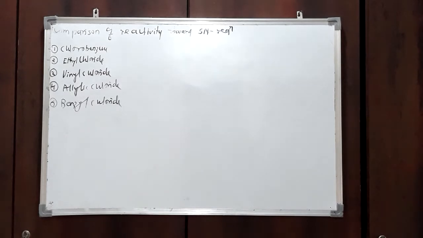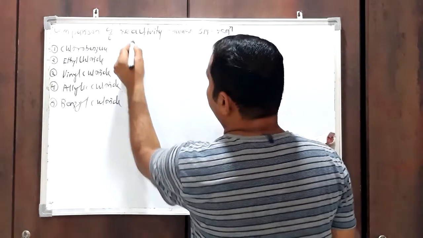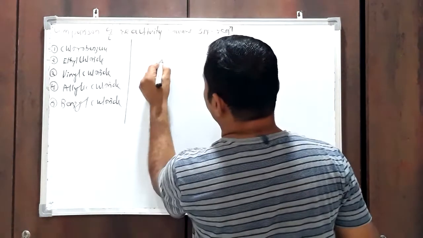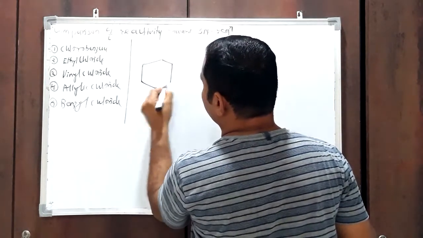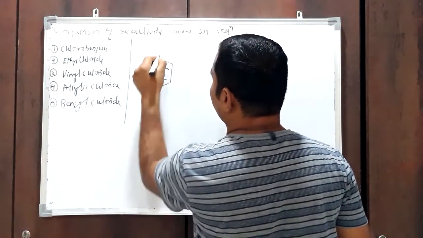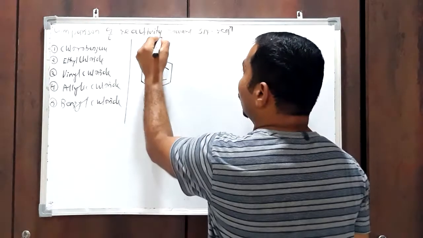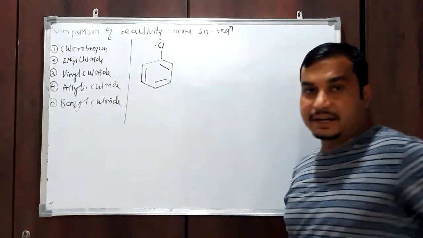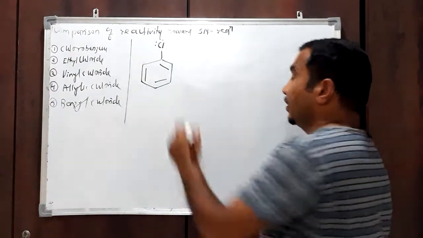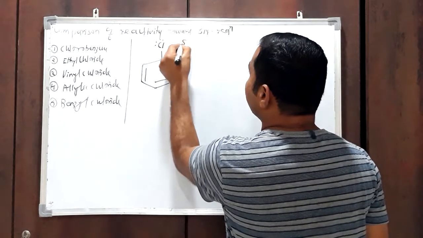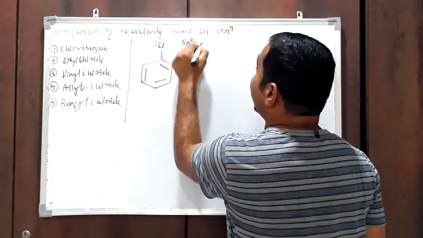Now this is your last part of this unit. So first try to understand the reactivity of chlorobenzene. This is chlorobenzene. Chlorine is directly attached to the aromatic ring carbon atom, and that carbon atom is in sp2 hybridized state.